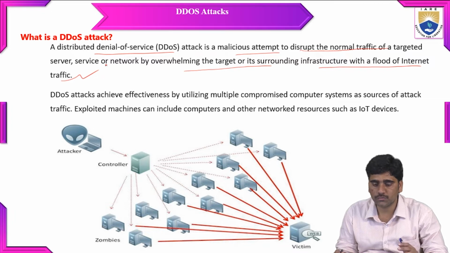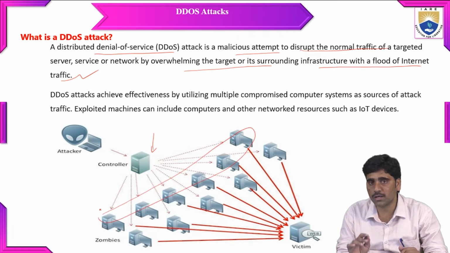It sends instructions with the help of a botnet mechanism. A botnet is a group of bots. All the bots are instructed by the botnet, and they perform those instructions to attack the target system.